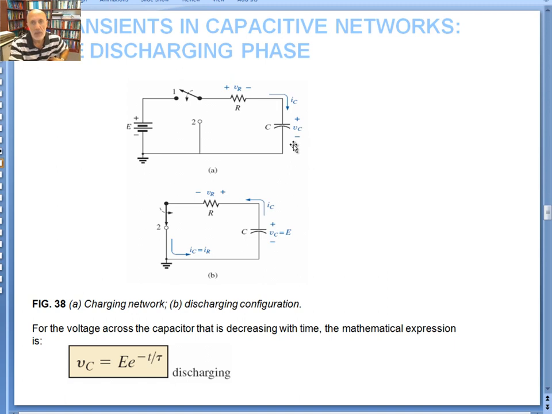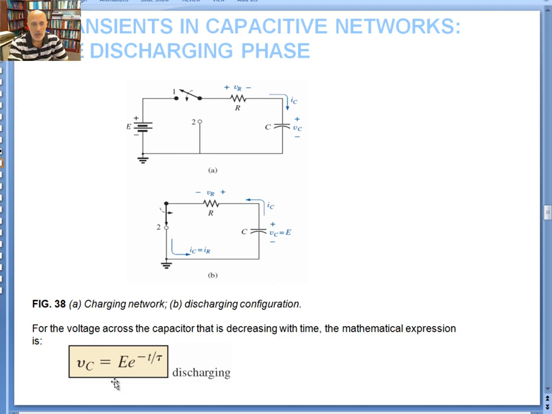In fact, when people do transients with capacitive circuits, right after the switching, they put a voltage source in there, whatever that capacitor is already charged up to. So it acts like a source now. So the current will change direction instantly. It goes from right to left. The current through the capacitor could change instantly, but not the voltage. So picture A is the charging, and picture B is the discharging configuration.